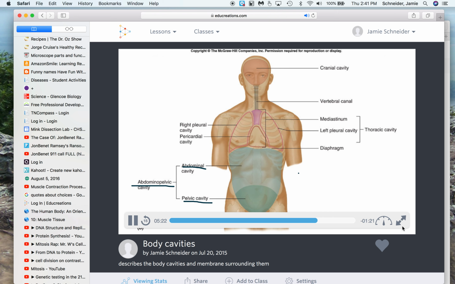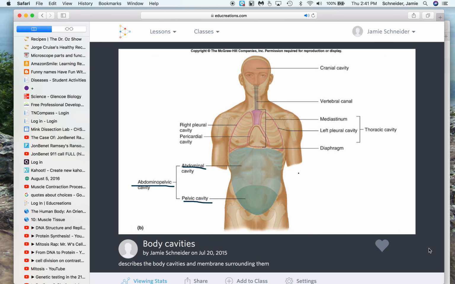All the other digestive organs, the liver, the pancreas, the stomach, the small and large intestines are in the abdominal cavity. This is drawn out a little bit better, I believe, in the book and in some of the PowerPoint presentations.